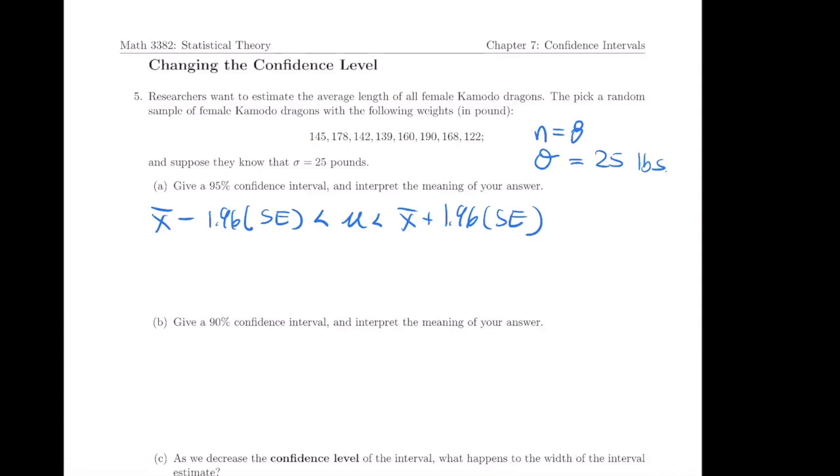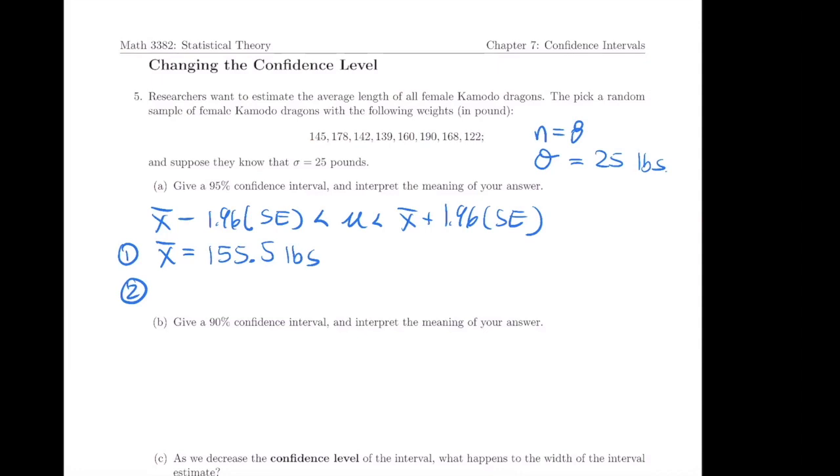I don't want to get bogged down in the calculation here, but we could calculate the mean of that sample, adding them up and dividing by 8, and that comes out to 155 pounds. There are really two things that we need to know in order to use this formula: what is our sample mean and what is the standard error of the sampling distribution?